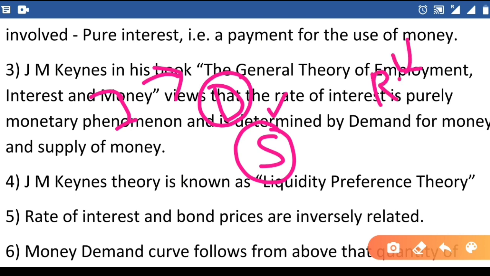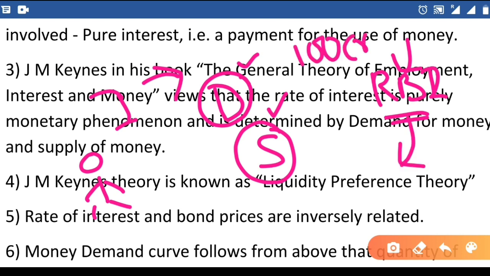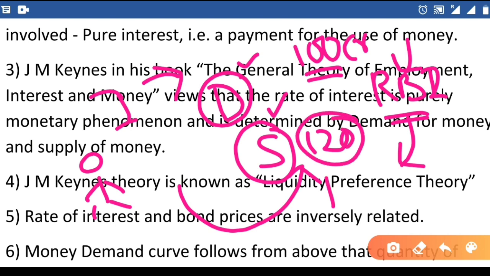RBI supplies the money. Every person in this economy will demand money. For example, RBI supplies 100 crores, and we want 120 crores. So there is more demand than supply. That's why the interest rate increases.